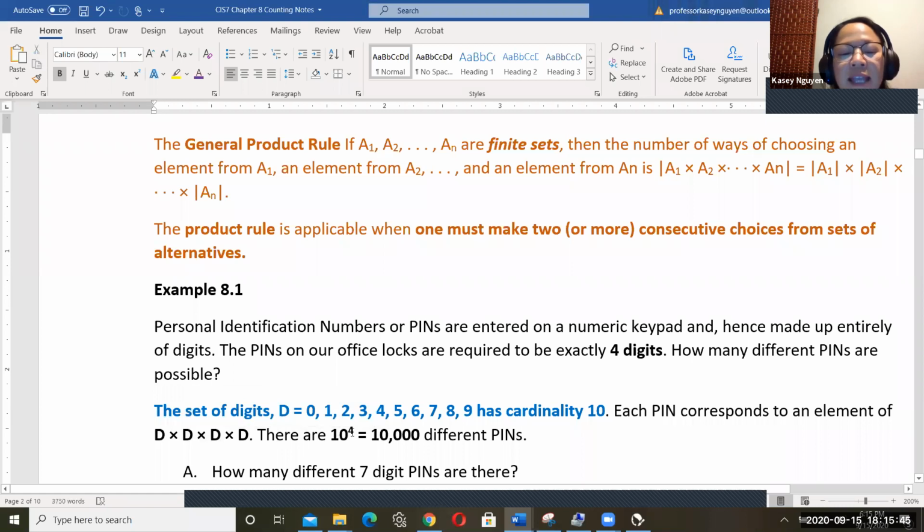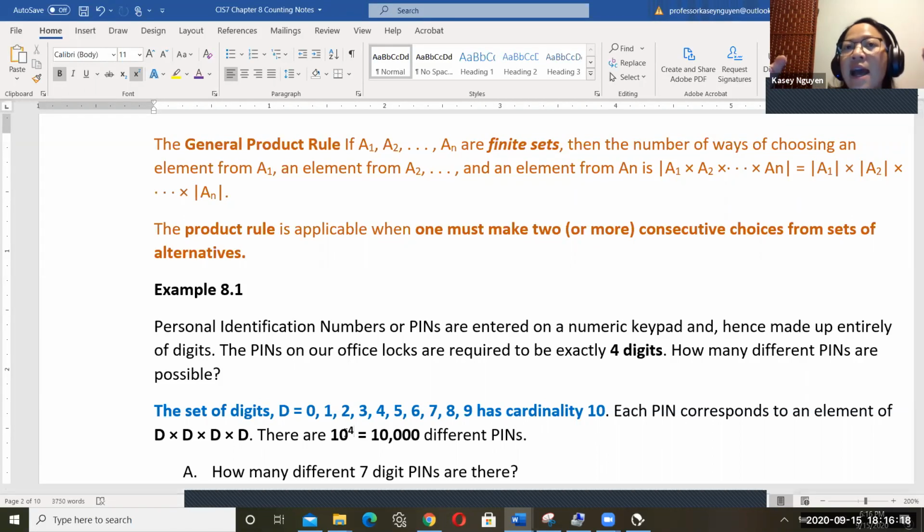So in this case, we would take 10 and raise it to the 4th power, which gives us 10,000 different variations of PINs. I can have 4, 0, I can have 4, 1, I can repeatedly use the number for every digit. That is why our cardinality stays the same, compared to the last example.